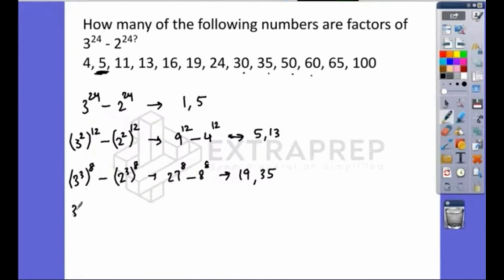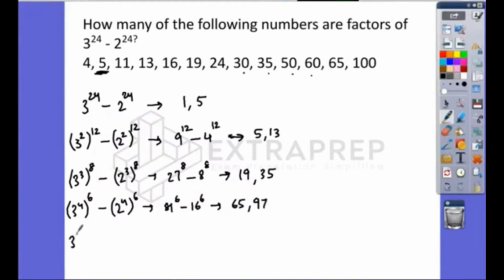Then 3 power 4 power 6 minus 2 power 4 power 6. That's 3 power 4 is 81 power 6 minus 2 power 4 is 16 power 6. So it should be divisible by x minus y, 65, and x plus y, 97. Because 6 is an even natural number.